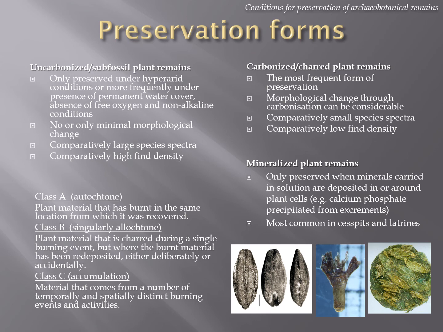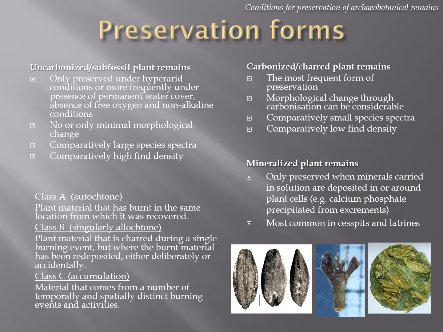Mineralization usually occurs when minerals carried in solution are deposited around plant cell surfaces or within inner voids, effectively encasing the plant nature and plant structure. The most common form of mineralization on archaeological sites is as a result of calcium phosphate precipitated from excrements.